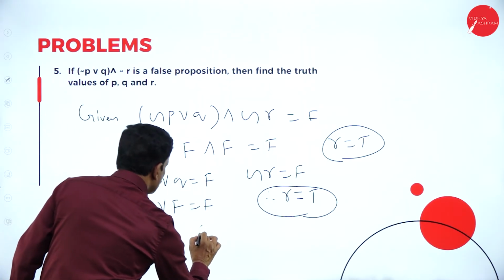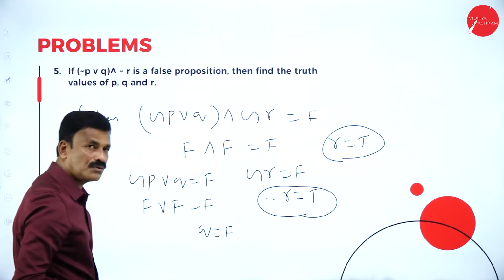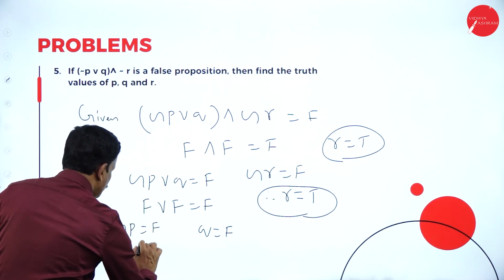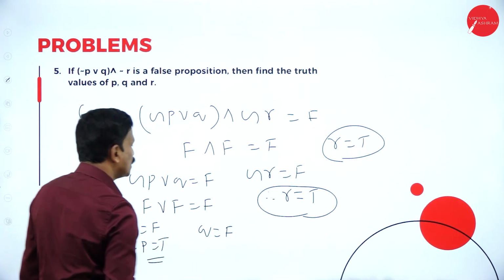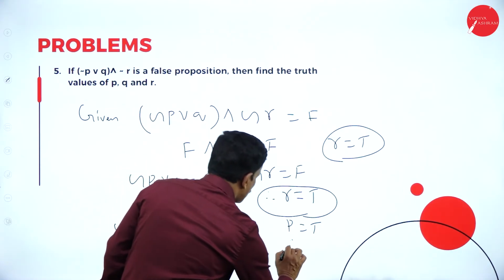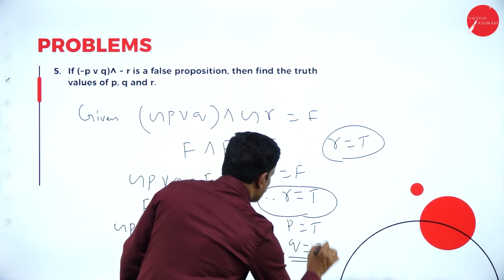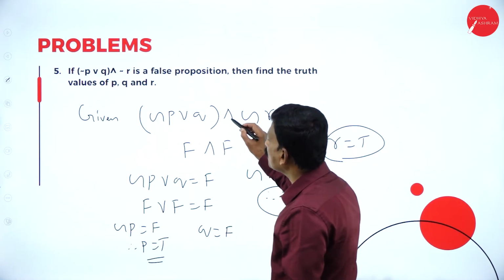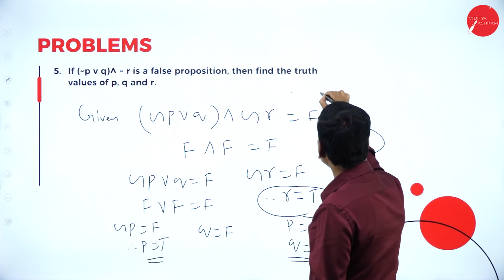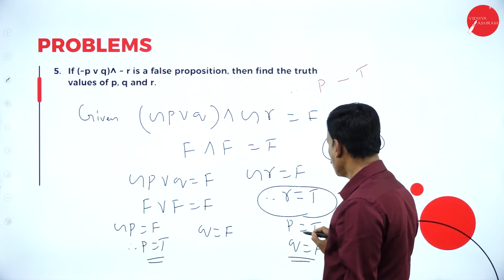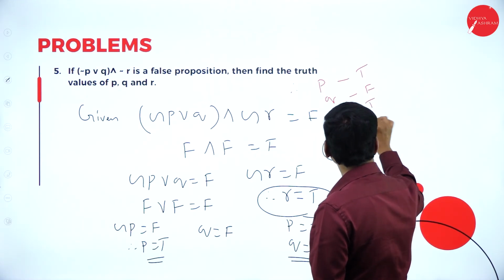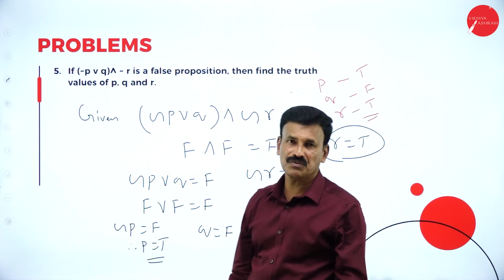From this you will get Q is equal to false. Negation of P is equal to F, therefore P is equal to T. So P is equal to true, Q is equal to false and R is equal to true. So the final answer is: the truth value for P is true, Q is false and R is T. So TFT is the truth value, right?